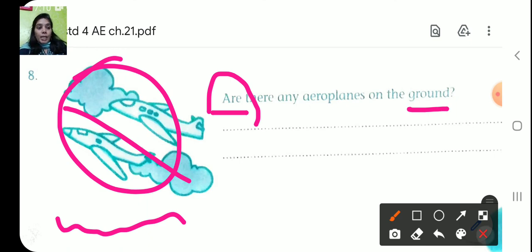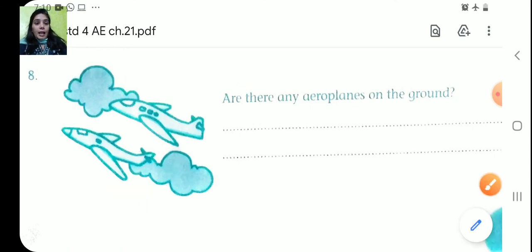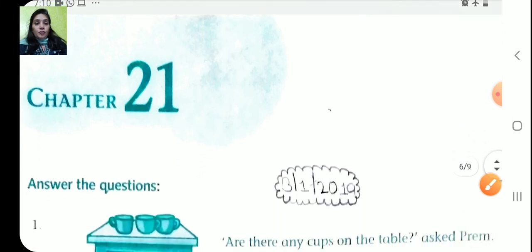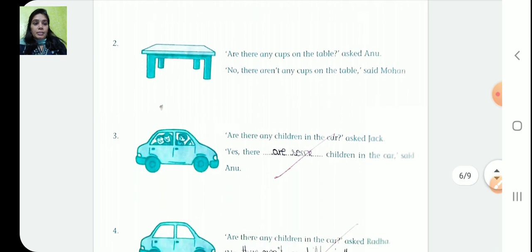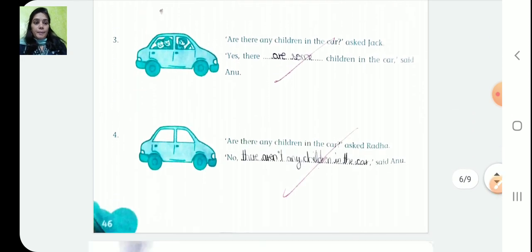So, write the answer, and I'll show you the answers of chapter 21. You can click these answers, and afterwards check with your answers. When the interactive session is there, we will discuss the answers. So complete your book, children.